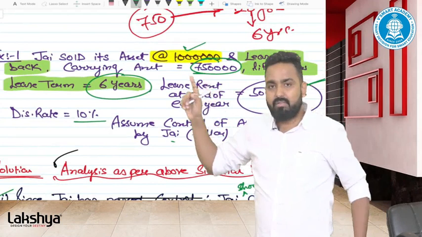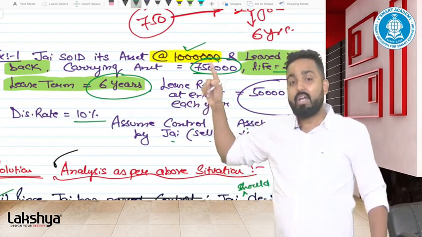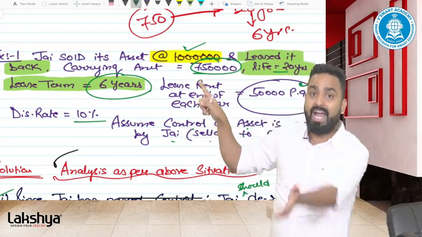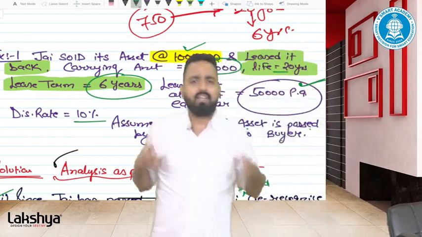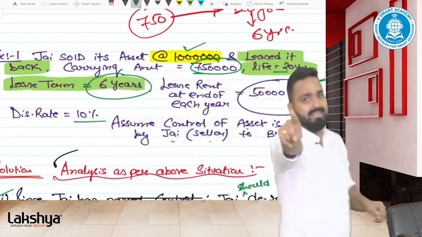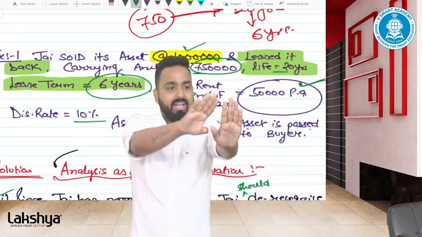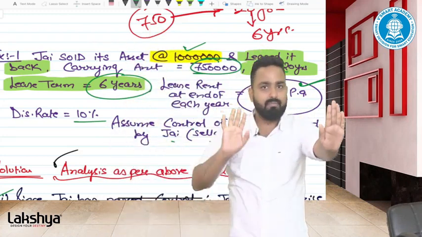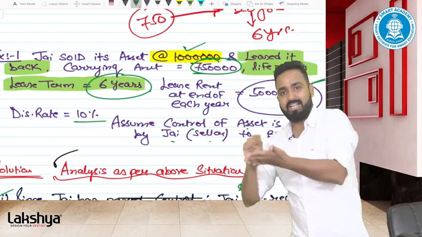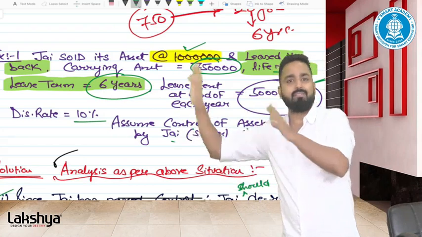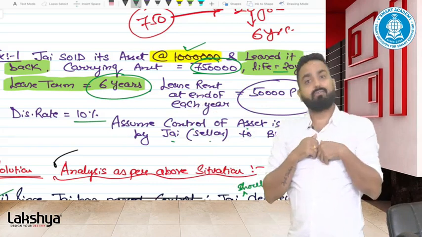You sold the asset, so you have to de-recognize the asset by 750, which was the carrying value in your books representing the total 20-year life, to property, plant and equipment 750. But you took back the same asset for 6 years.